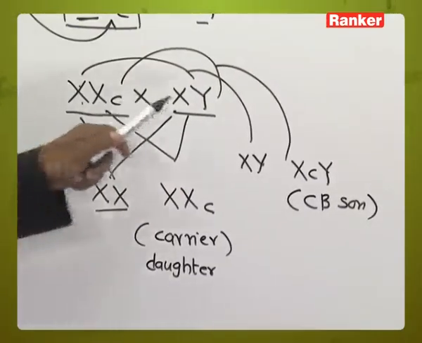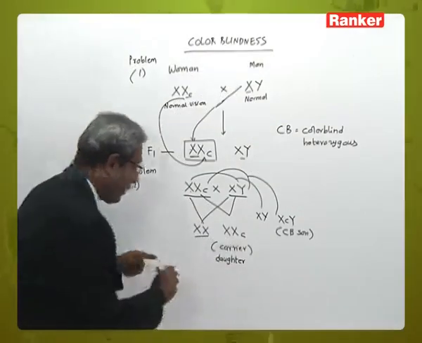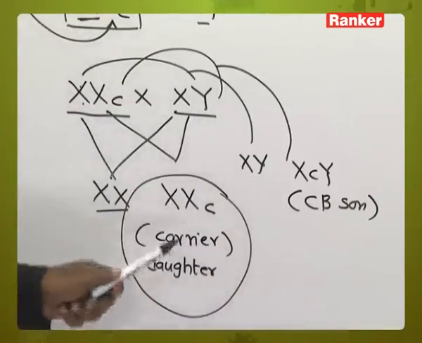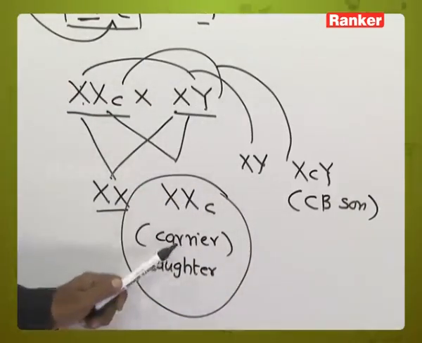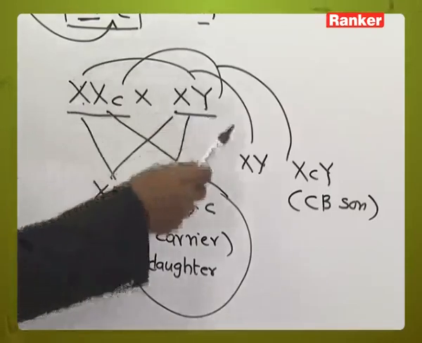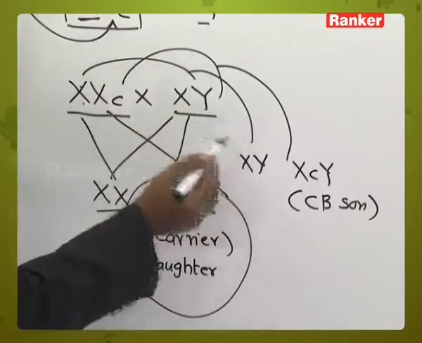Similarly, an XC and an X can combine to form an XXC. So this is an example of a colorblind carrier daughter. An XXC indicates the daughter, and she is a carrier for color blindness. And similarly, on a combination situation, we have an X and a Y.